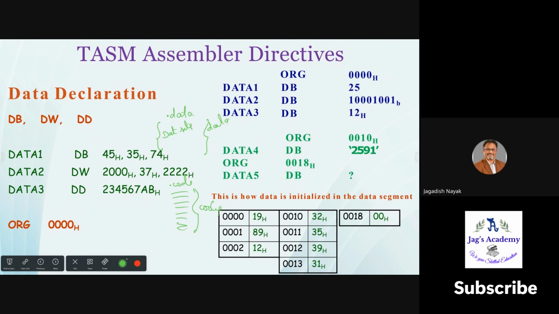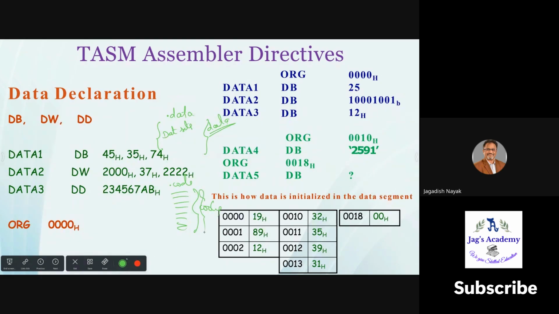Now, in the data part, whatever you enter in the data part, those are stored in the data segment of your memory, right? Ultimately, everything is stored in the memory itself.